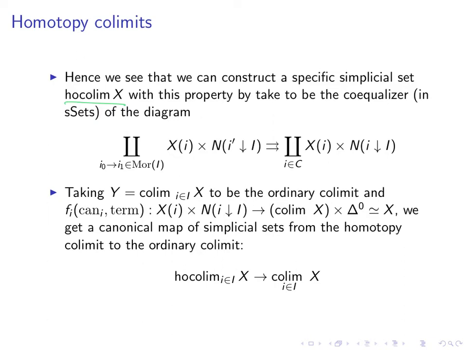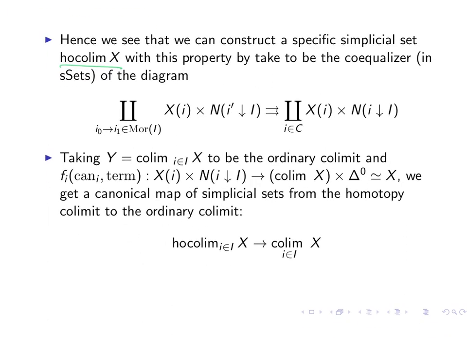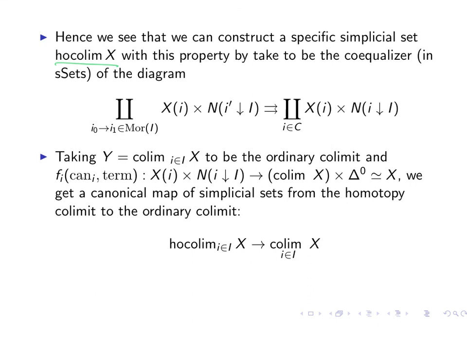That's basically what's happening here. And we'll also recover the map from the homotopy colimit to the colimit: if you send a nerve to just a point, there's a unique map that way, and that gives rise to this map down here.